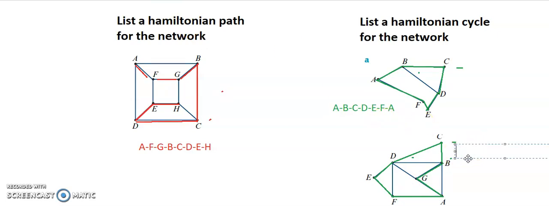We're only going to each vertex once, except at the start and the end. So we write that by going A to F, to E, to D, to C, to B, to G, and back to A.